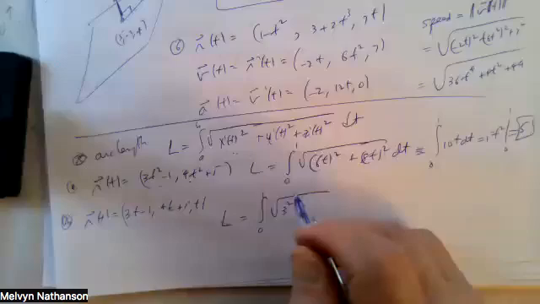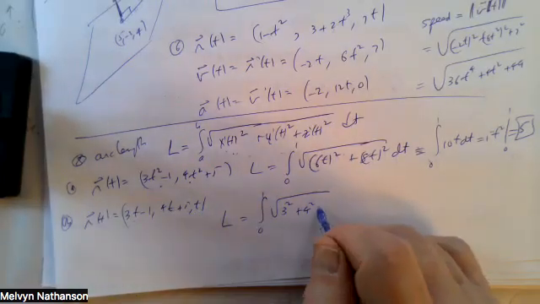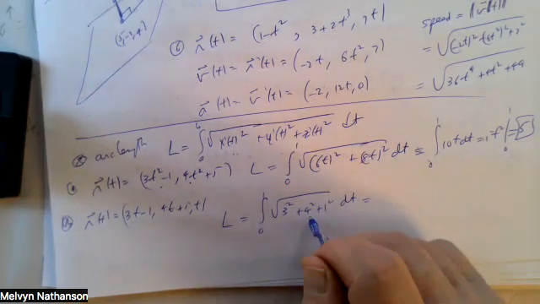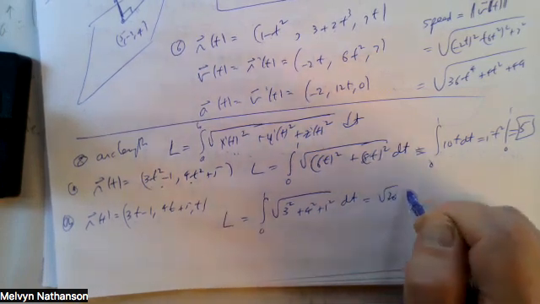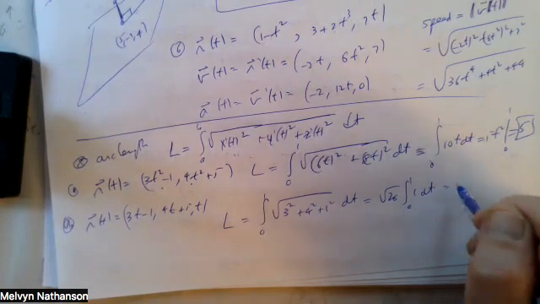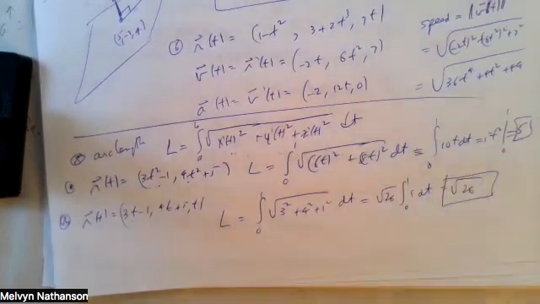Derivative of 4t plus 5 is 4. Derivative of t is 1, dt. This is 9 and 16, and 1, this is square root of 26. The integral from 0 to 1 of 1 dt, which is just 1. So the length of this curve is the square root of 26.